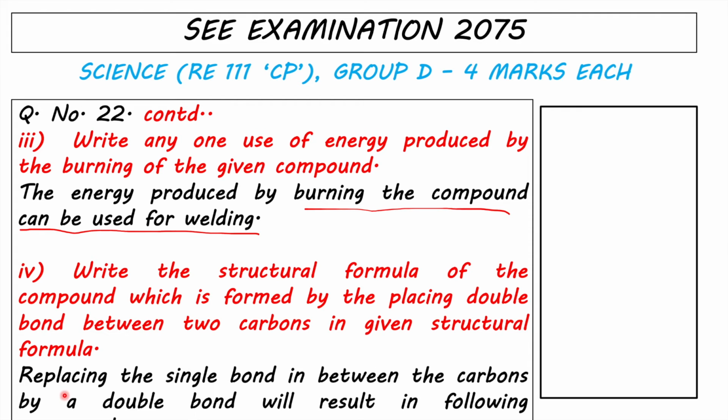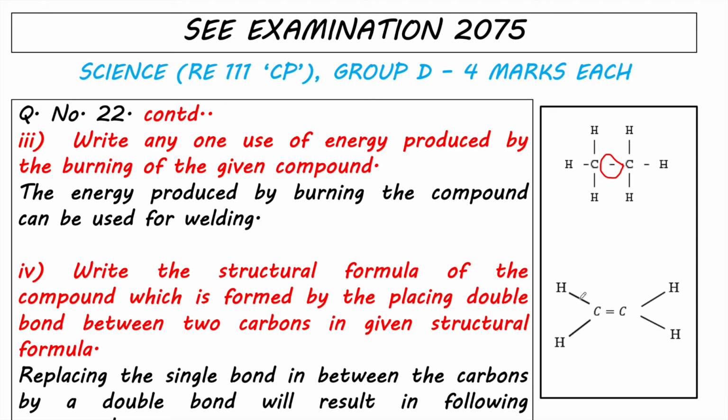Just write this, replacing the single bond in between the carbons by a double bond will result in the following. Let's start with the structure that was given to us. Now we're going to replace the single bond by a double bond. Okay, so it's going to be like this.